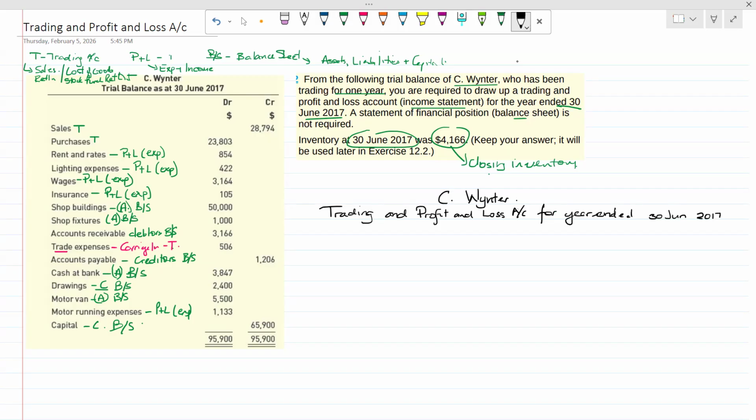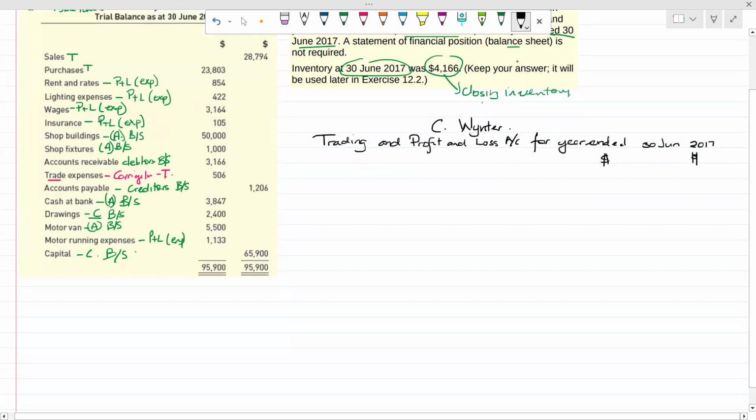Now, I'm going to use two columns. Some books sometimes would have three columns. Because this is a simple trading and profit and loss account, two columns would suffice for what we need to do. Right? So we're starting off with sales.